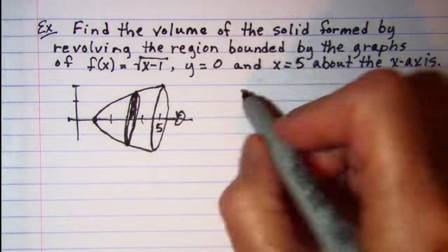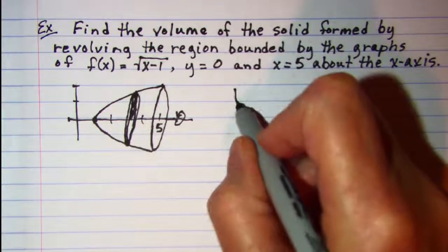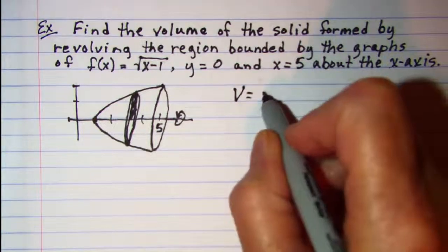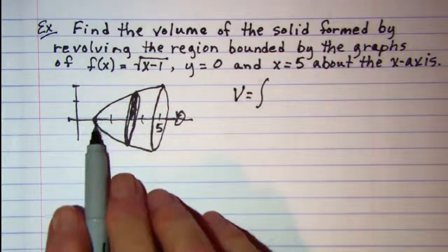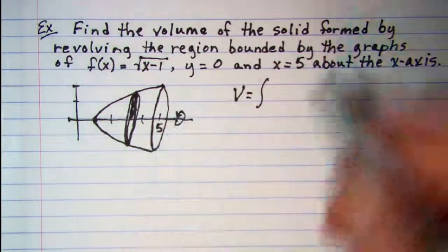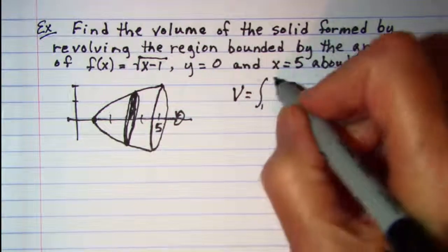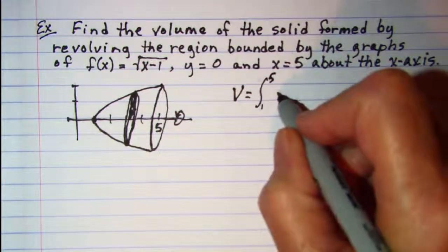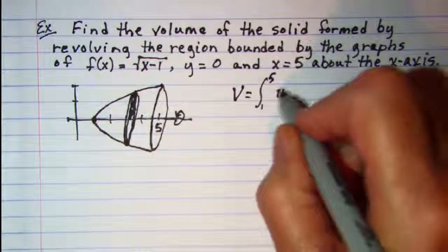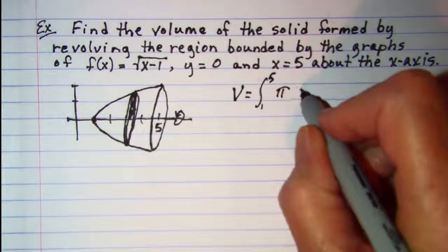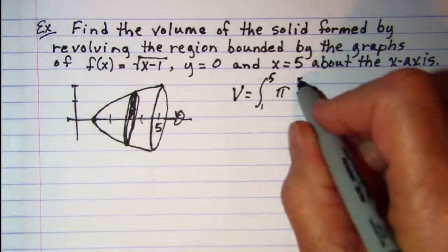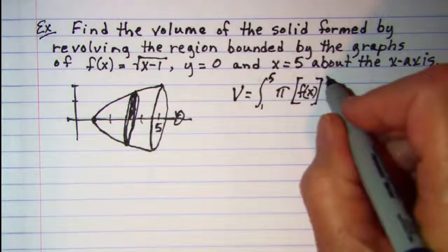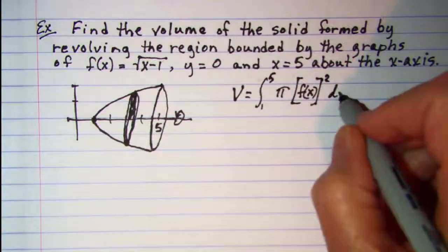So our formula that we'll be using is volume equals the integral from, in this case it's 1 to 5 of pi f of x squared dx.